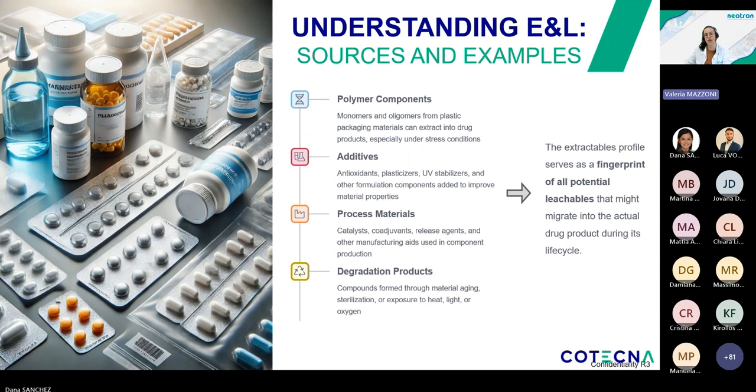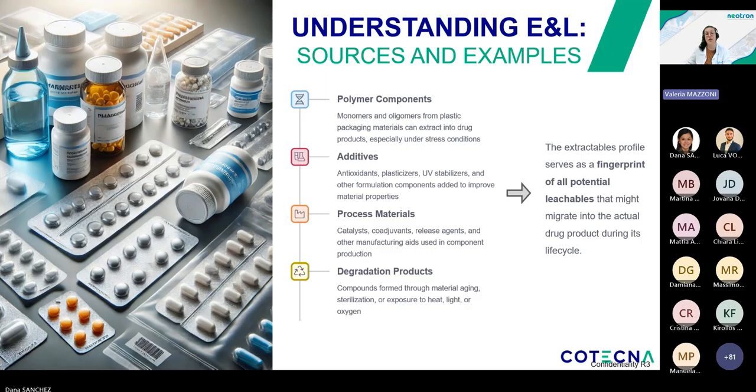Now, where do these compounds come from? They can originate from, for example, materials directly in contact or not with the drug or the patient. So think about containers, closures, tubing, filters, and so on, and even things like stoppers or labels. Common sources include plasticizers, stabilizers, additives, colorants, and so on.